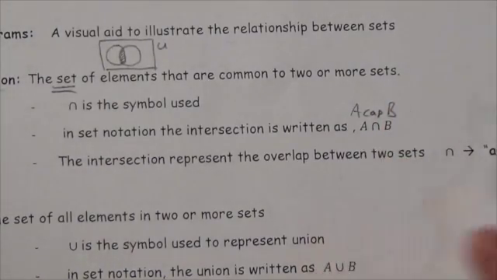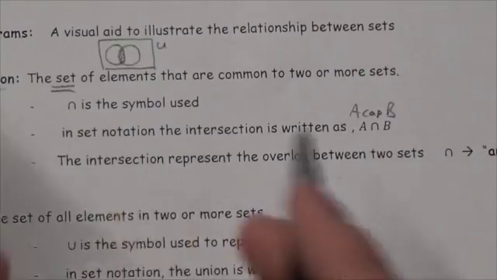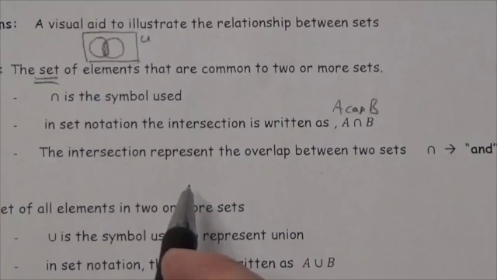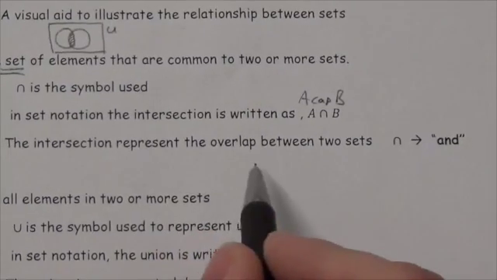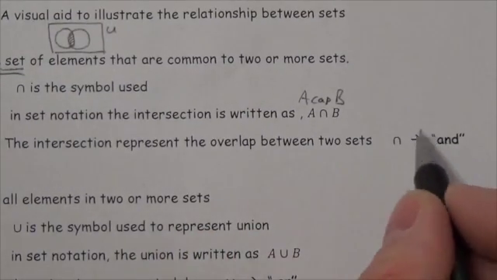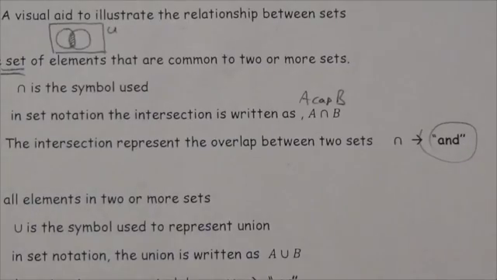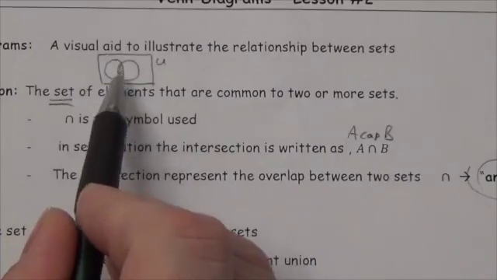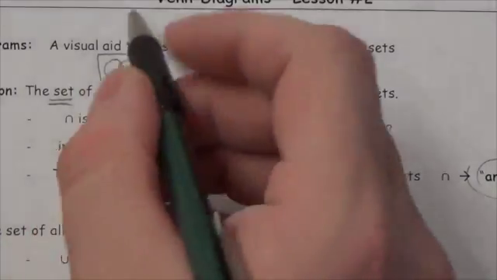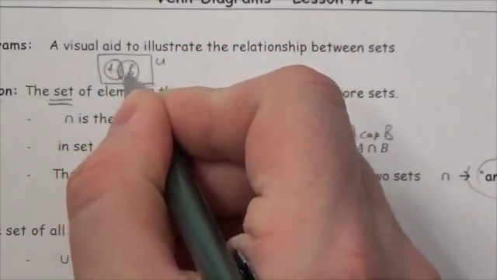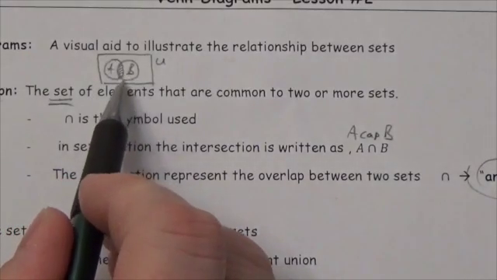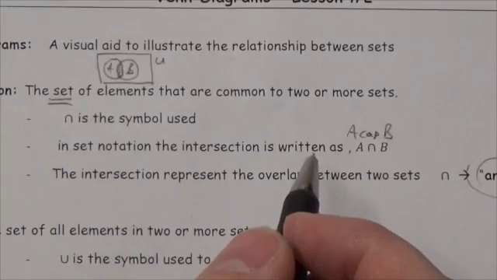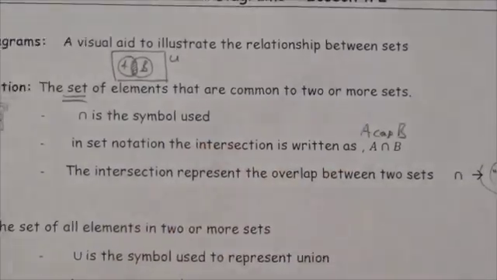Now when we refer to the intersection between sets, it's the overlap between the two sets, and usually it's the word "and" that indicates intersection. Because the objects here have the properties of set A and of set B. They have both together simultaneously. So that's what we mean by intersection here.